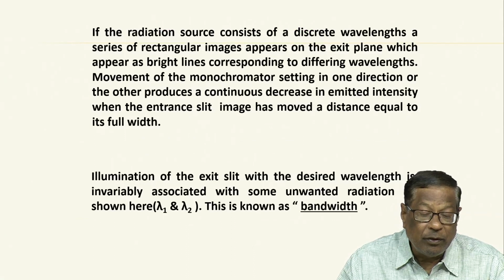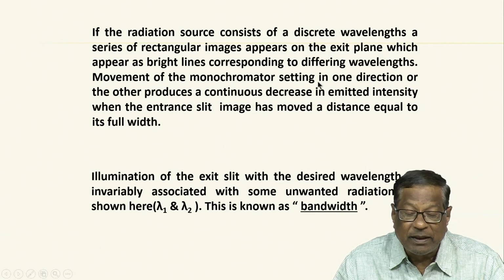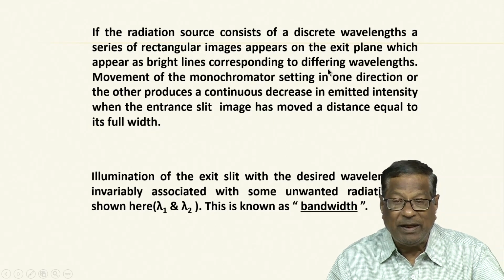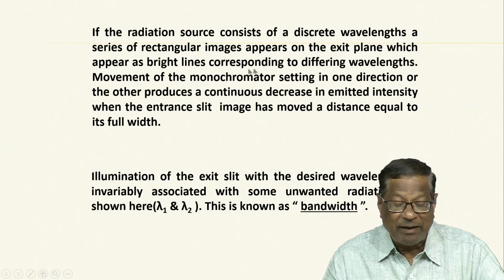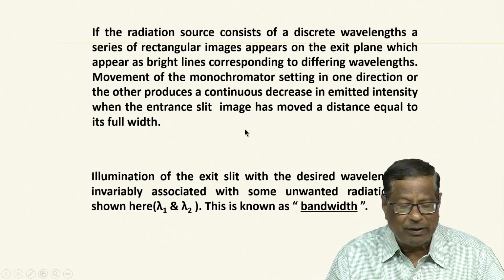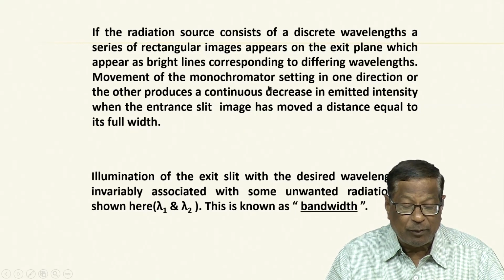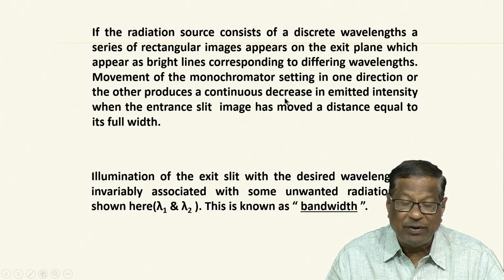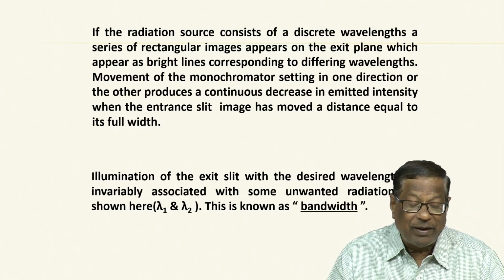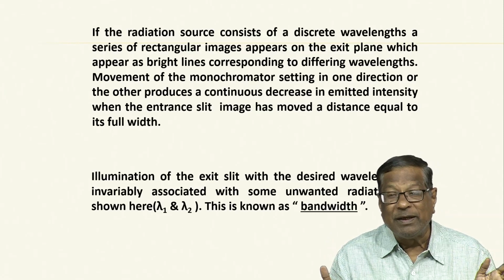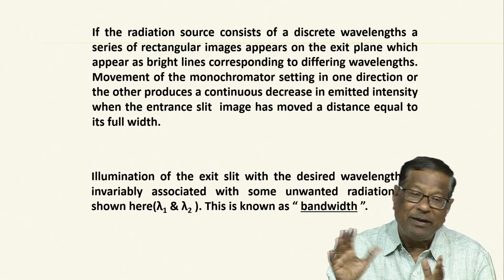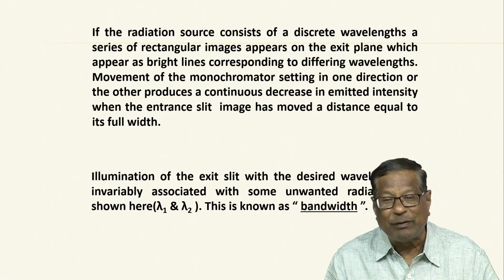Okay. So, if the radiation source consists of discrete wavelengths, a series of rectangular images appears on the exit plane, which appear as bright lines corresponding to different wavelengths, that is all understood. So, movement of the monochromator setting in one direction or the other produces a continuous decrease in the emitted intensity when the entrance slit image is moved at a distance equal to that of its full width.